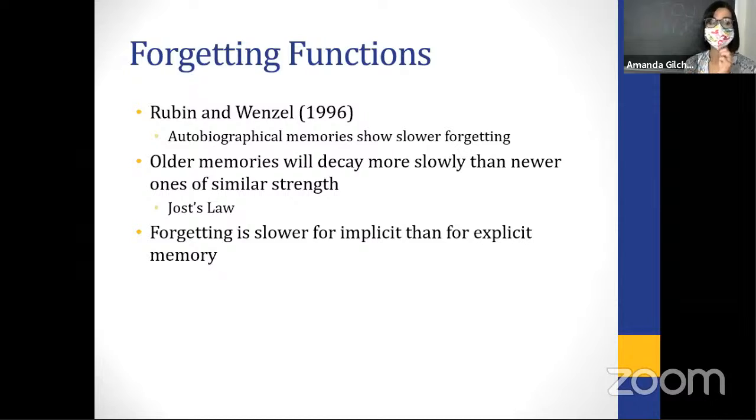Additionally, one of the other things that we know is that older memories tend to be more resistant to forgetting than newer ones of similar strength. This is what's known as Jost's law. You can see Jost's law in action if you're looking at people who have Alzheimer's disease.